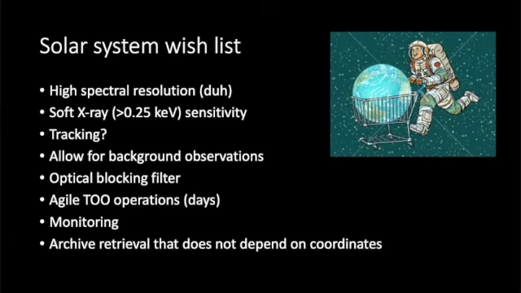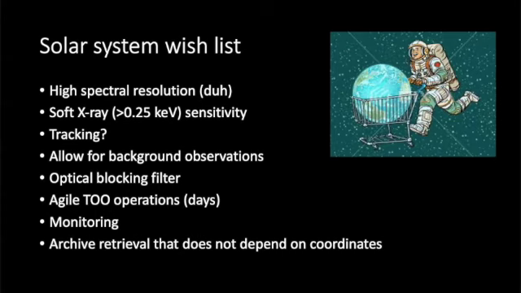Target of opportunity. I've mentioned that solar system objects can have many interesting short-lived events. And so what you would like is a telescope that has very agile operations and that can be on target in less than days. That allows you to schedule observations along with space mission operations that could be of interest to you.